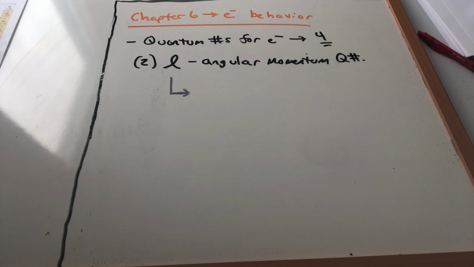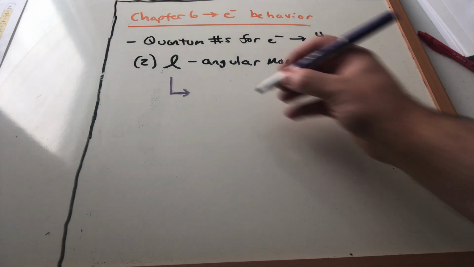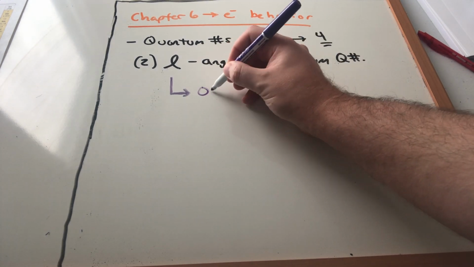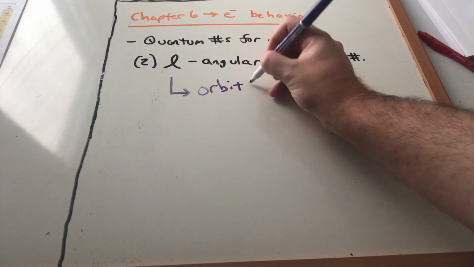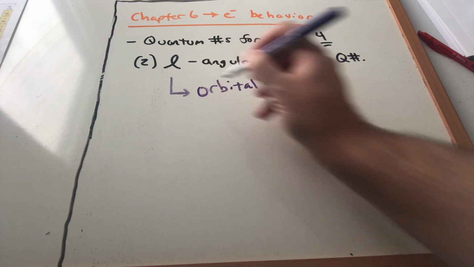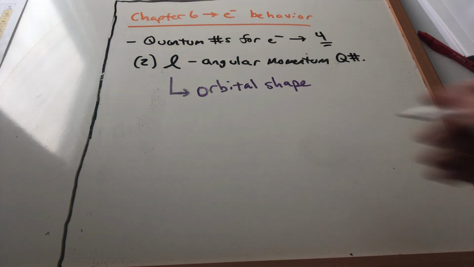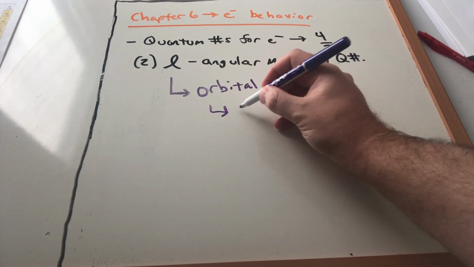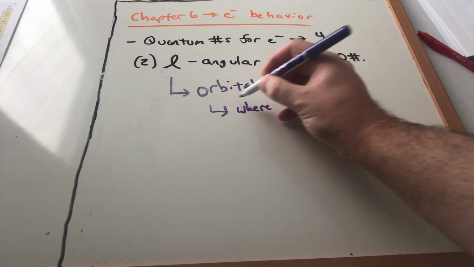What l gives us in terms of information is what's known as the electron's orbital. It gives the shape of the orbital, right? So what this means is it tells us where the electron lives.